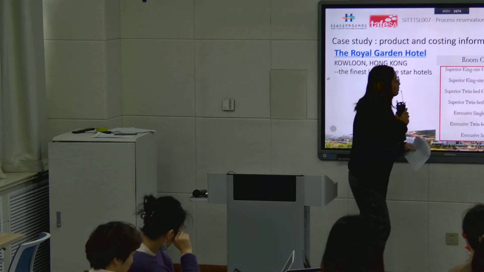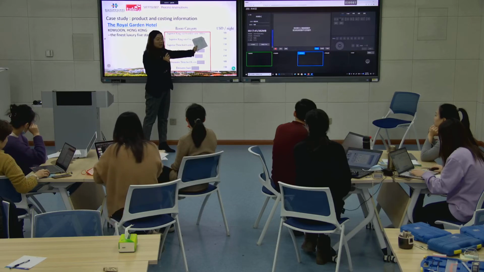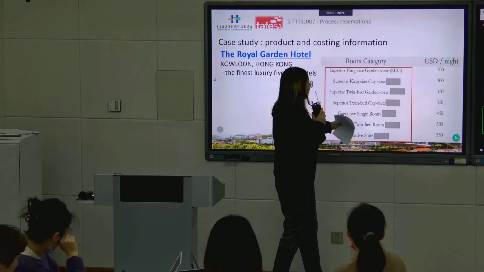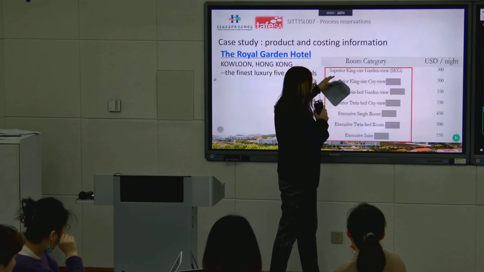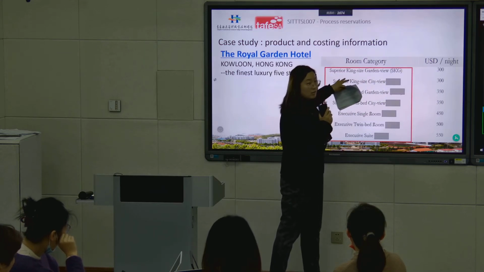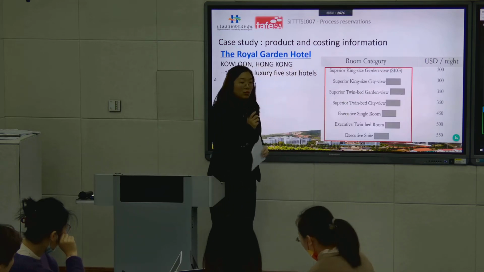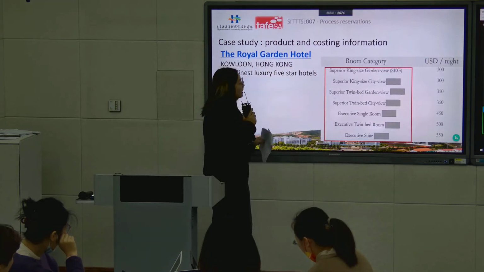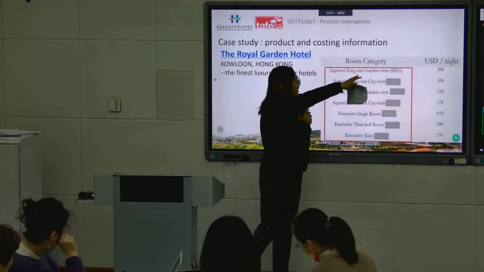What is room type code? This is a code, SPG. Yeah, a superior king size garden view. Choose the initial letter of each word, right? So it has some rules in making the room type code, such as choosing the initial letters.